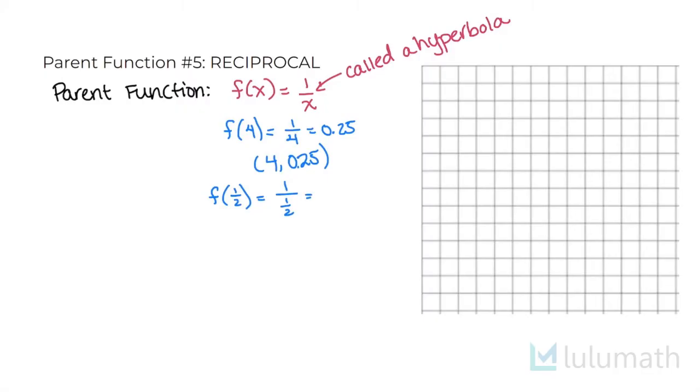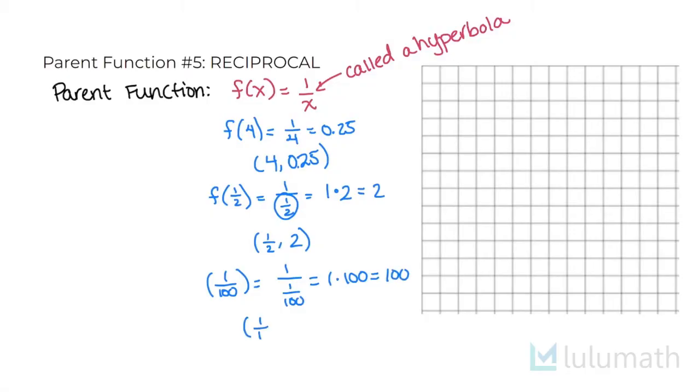Well, 1 over 1/2 means 1 times the reciprocal, which is 2 over 1, which is 2. So when our x value is 1/2, our y value is 2. Well, what happens if I have 1 over 100? This would be 1 multiplied by 100, which is 100, which means that our coordinate would be 1/100th, which is tiny, 0.01, with 100 as our output.